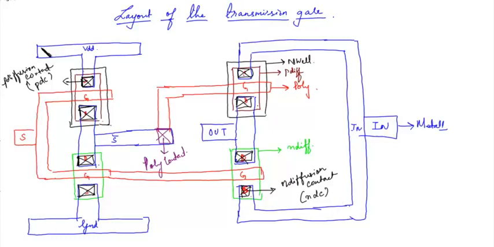Now you have to place the substrate contact. This is the N substrate contact since it is placed on the N-well side, or N-well contact. Similarly, we have to place substrate contacts in the ground layer.